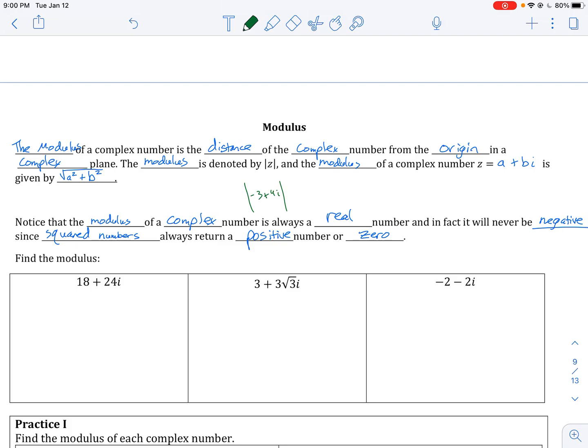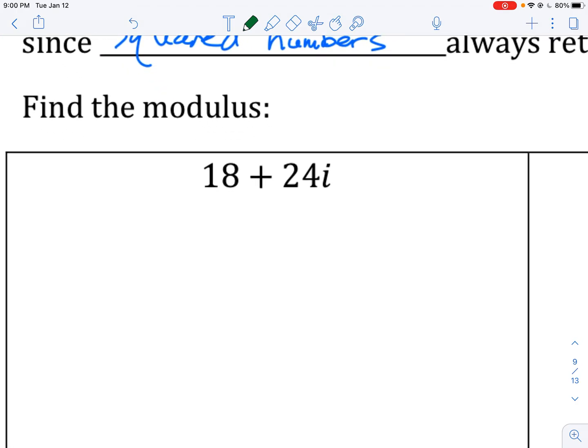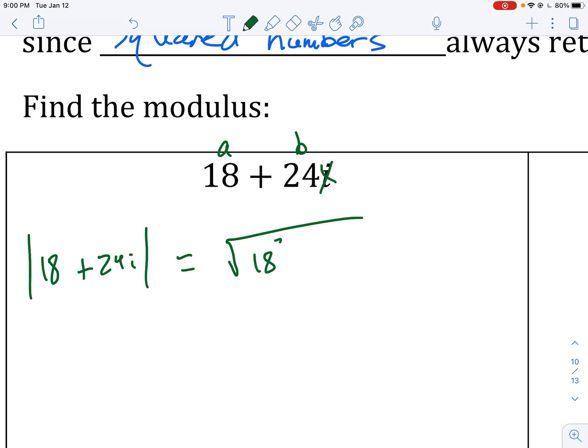Let's do some practice ones here. To get the modulus, here's our a part, here's our b part. You don't put i in your equation here. So the modulus of 18 plus 24i is going to equal the square root of 18 squared plus 24 squared.